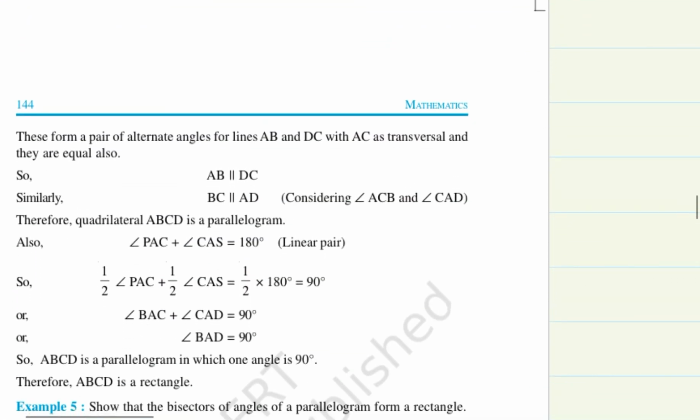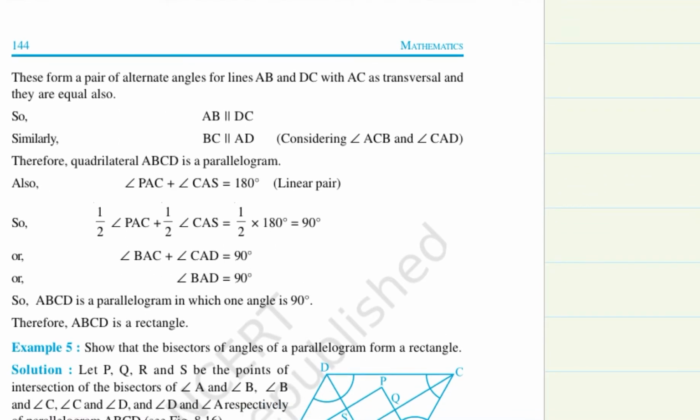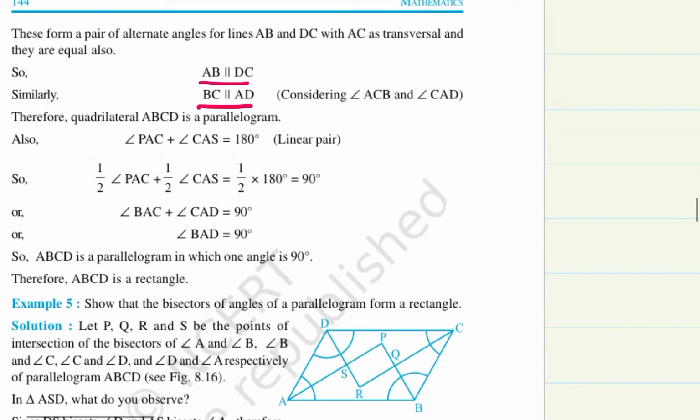Therefore, these form a pair of alternate angles of lines AB and CD with AC as a transversal, and they are equal also. Therefore, according to the line theorem, AB is parallel to CD and BC is parallel to AD. If opposite sides in a quadrilateral are parallel, then it is a parallelogram.